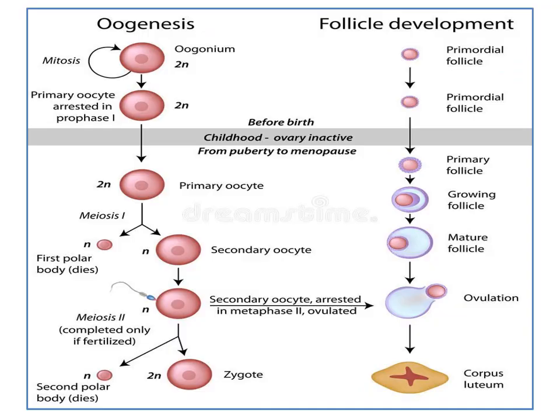Now, contrast the process of oogenesis to what occurs alongside oogenesis, which is the formation of follicles. Remember that as we go from intrauterine life to birth to puberty and all the way to ovulation, aside from the fact that we have an oocyte present within the ovary, we also have follicles developing around them.